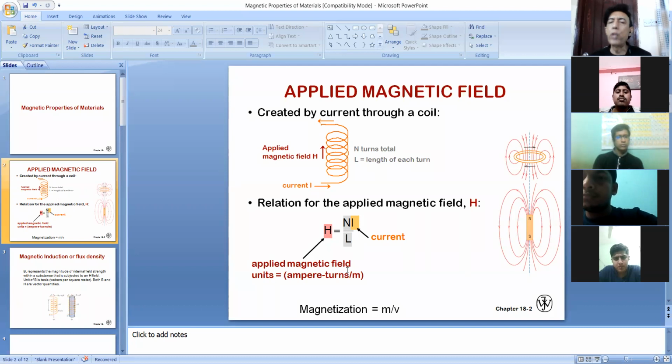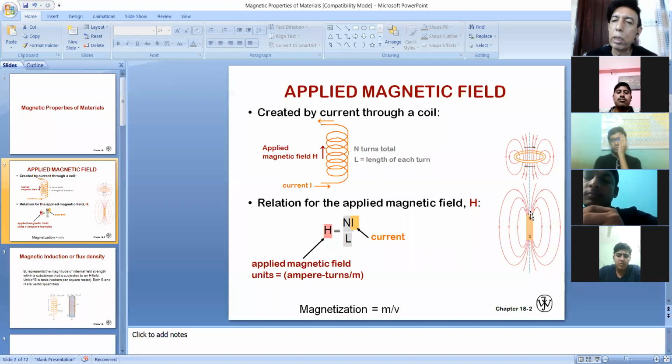Now, what is actually the magnetic field? We see the magnetic field as the lines of forces of the magnet. You see the lines of forces start from the North Pole and end or enter in the South Pole.